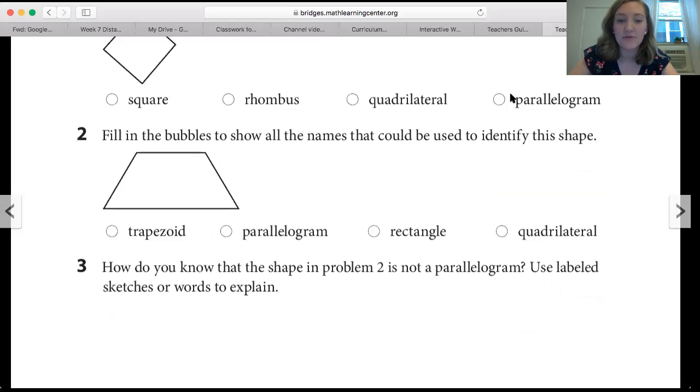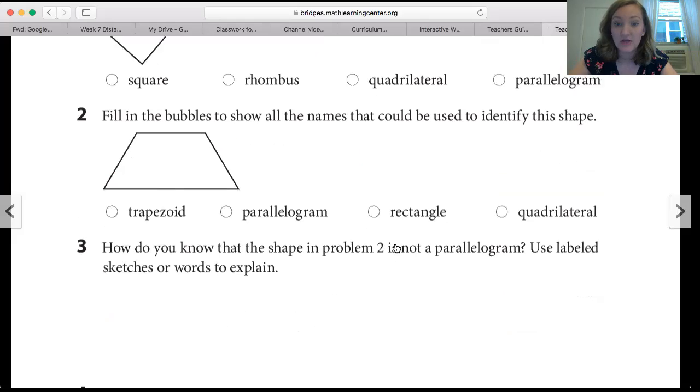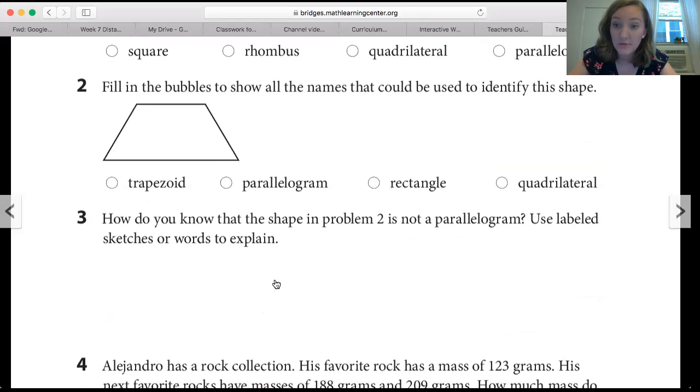Okay, how do you know that the shape in problem 2 is not a parallelogram? Use labeled sketches or words to explain. So right here, you can either draw a picture of a parallelogram and explain in your own words how these two sides will cross each other. They are not parallel to each other.